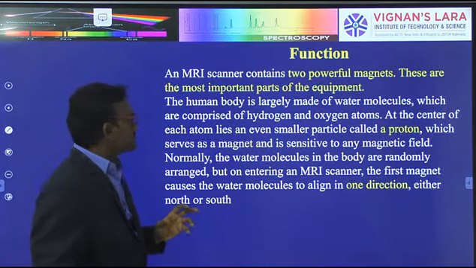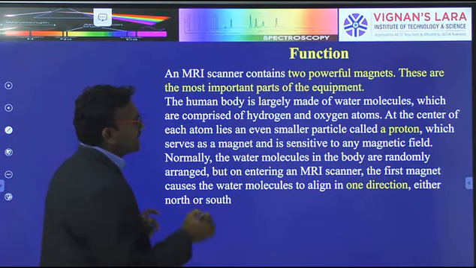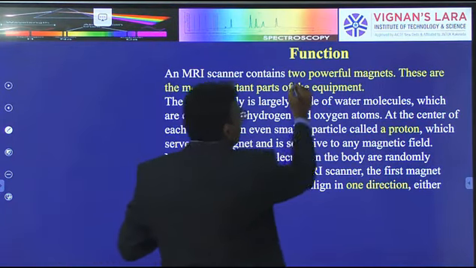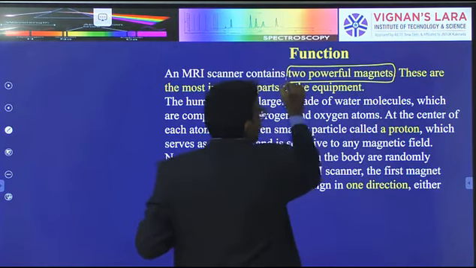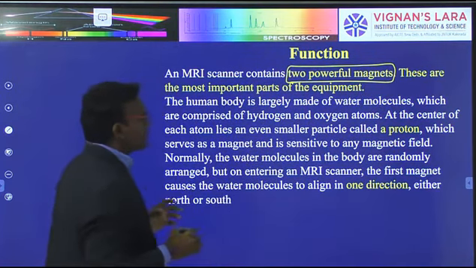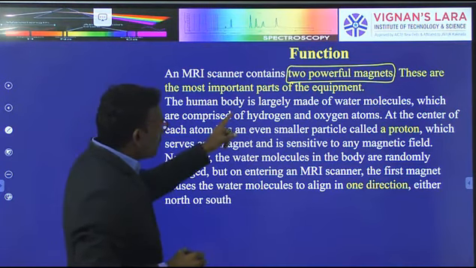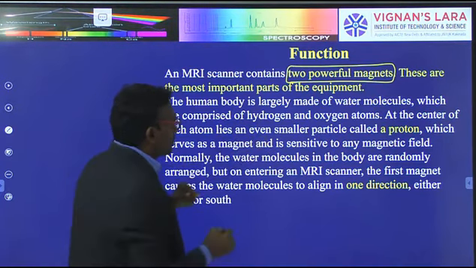How does it function? An MRI scanner contains two powerful magnets. These are the most important part of the technique. The human body is largely made of water molecules.